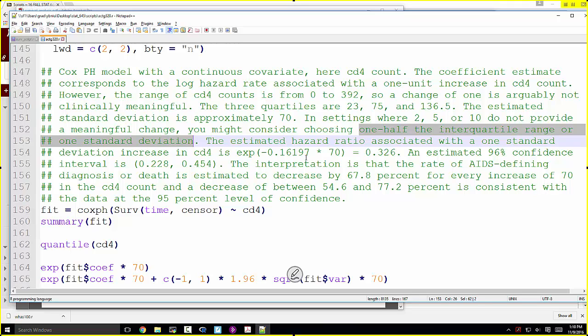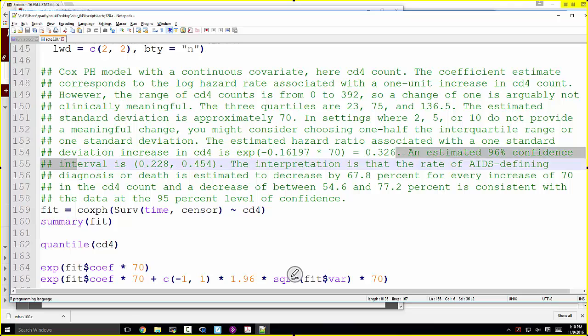So a 1 standard deviation increase, in terms of a hazard ratio, would be e to the beta coefficient times 70, because the standard deviation was 70.